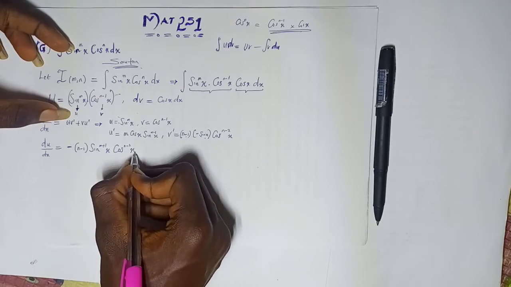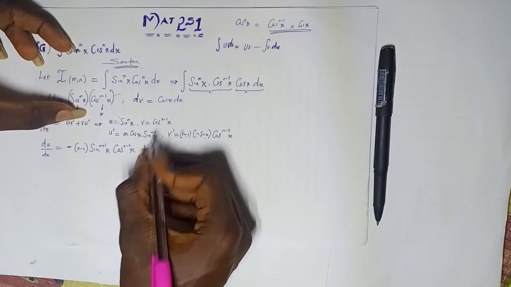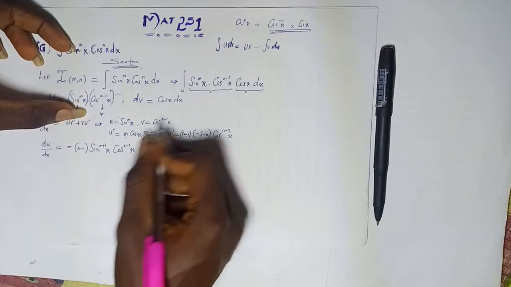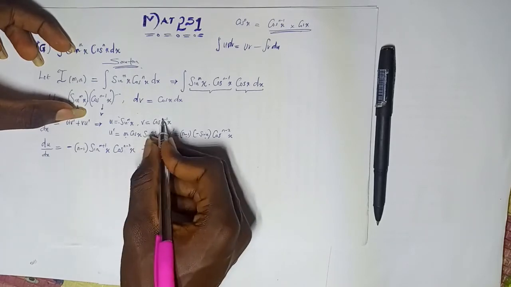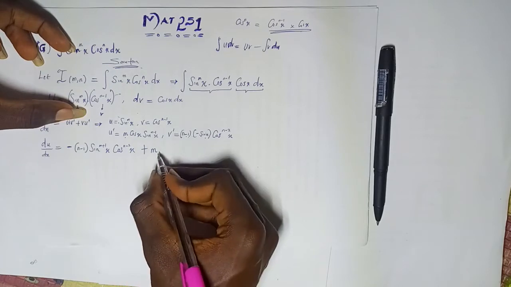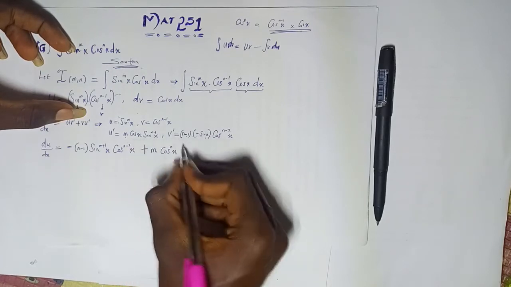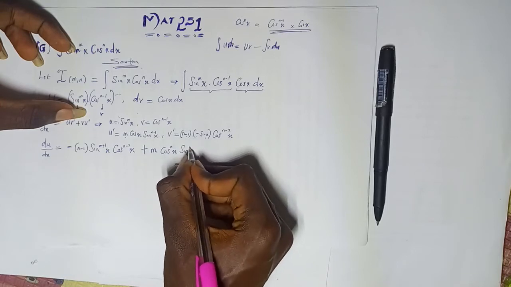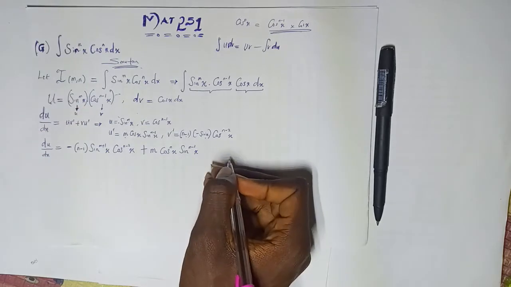So that's what you're going to have. And then plus v times u prime: when I multiply this and this together, I end up having m cos x times this. Then m minus 1, the 1 cancels the 1, and I'll be left with just cos n of x with sine of m minus 1 of x. You get that point? So that's how it works.